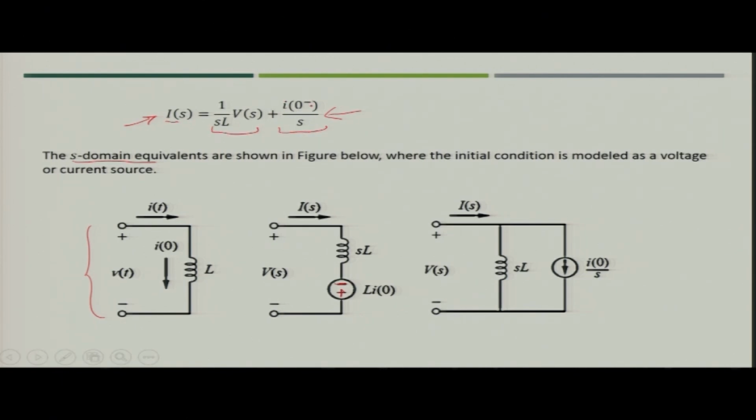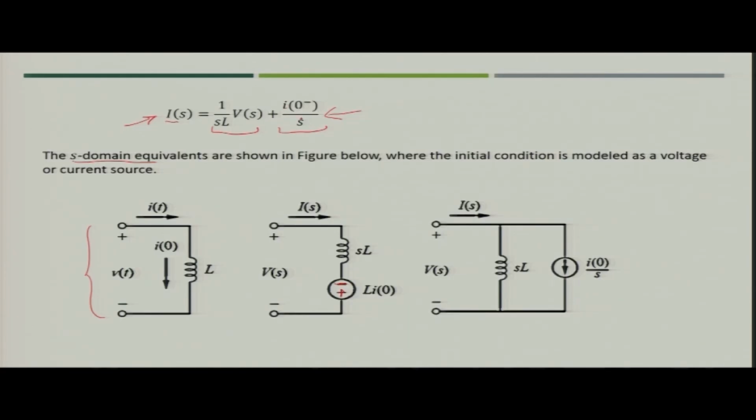So, we will use that equation to find the equivalent circuit in case we want to find the current I(s). So, from the first part, the value we get is i(0) by s.